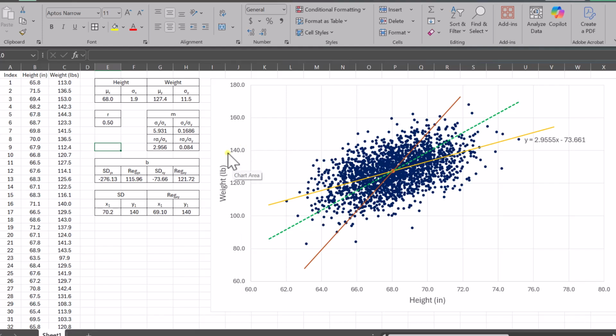But no, that's the difference. If it was sigma X over R sigma Y, the two regression lines would match up, but that doesn't make sense as far as the purpose of the correlation coefficient in this respect.